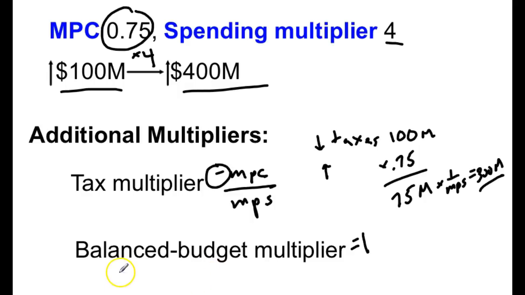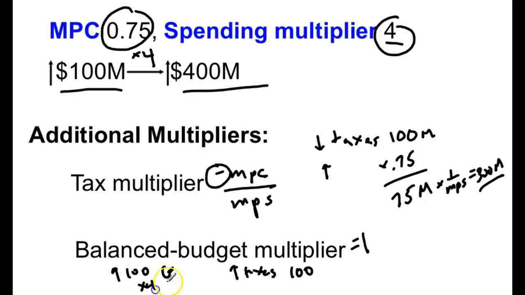A balanced budget multiplier means that we do something like increase government spending by 100 million, and at the same time, we increase taxes. So in other words, we're actually increasing taxes to pay for that, also by 100 million. So the government spending increase gets the simple spending multiplier of 4 and would increase GDP by 400 million.